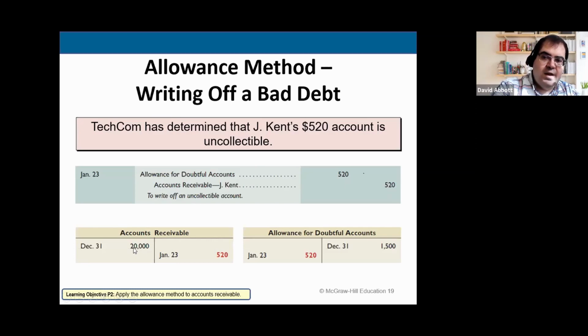And so we see here that the accounts receivable is reduced by the amount, so it's credited by the amount that we were owed by J. Kent, reducing the amount of accounts receivable. And then we see here that the allowance for doubtful accounts is a debit for how much is owed. And so if you subtract those two, that's how much you still have recorded as an allowance.